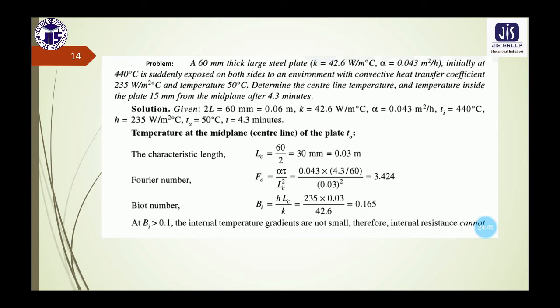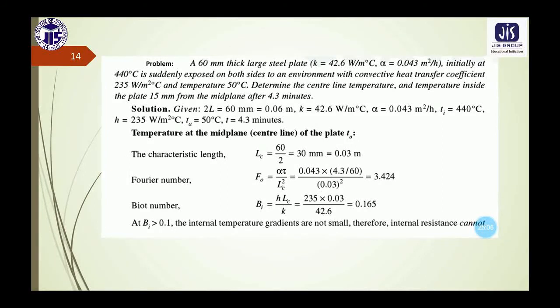Now we need to determine the center line temperature and temperature inside the plate 15 millimeter from the mid plane after 4.3 minutes. So that means the value of tau is given here, 4.3 minutes.